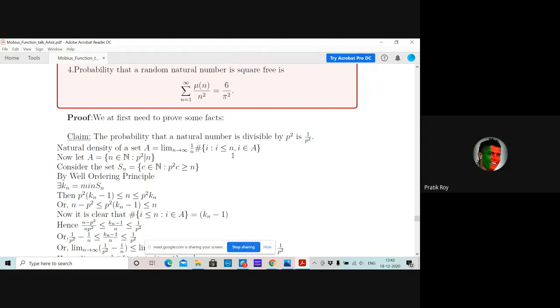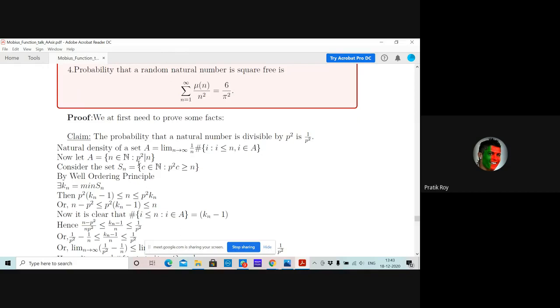That is what the natural density definition formalizes. It expresses the probability of making a choice from an infinite set as a limiting tendency of the naive definition of probability for finite sets. Okay, so we will appreciate this as we move on.